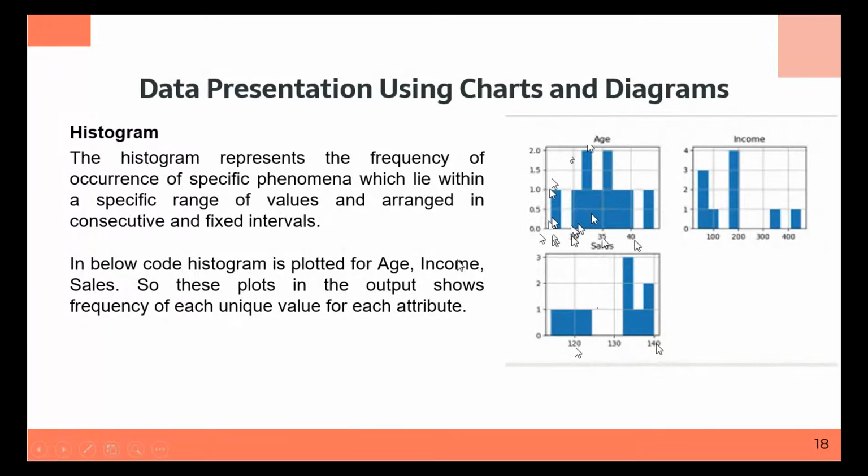We have the sales, the number of sales that happened. 135 sales happened 3 times. 3 times it is repeating.